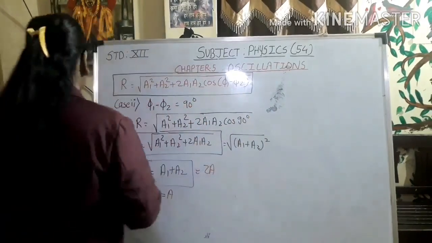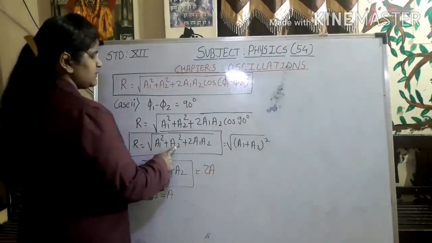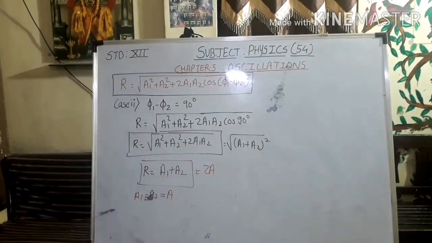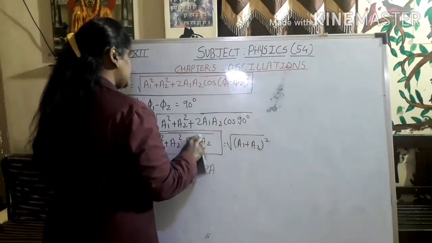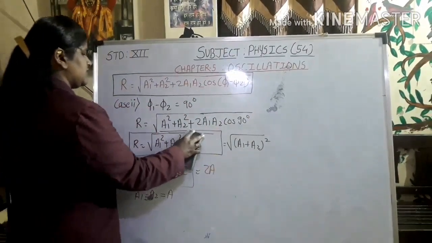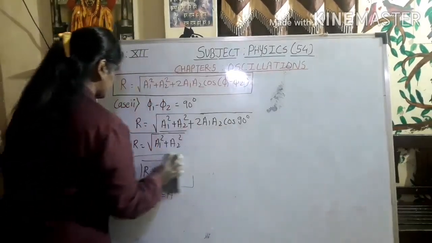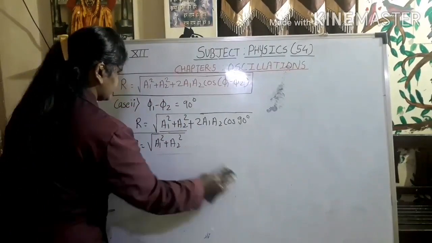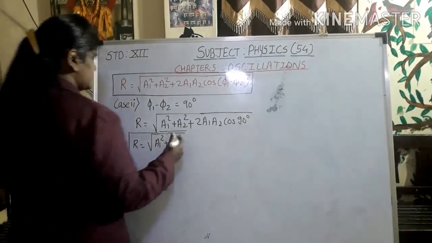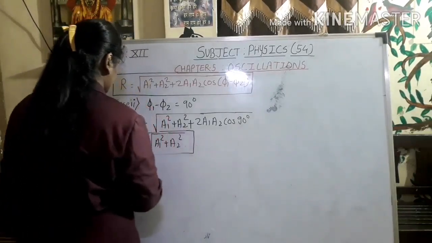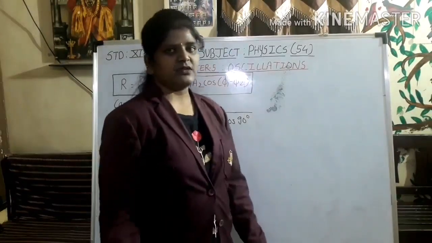Then r is equal to the square root of a1 square plus a2 square plus cos 90 term, and cos 90 is 0, so this term will not be there. So we are getting only the square root of a1 square plus a2 square.